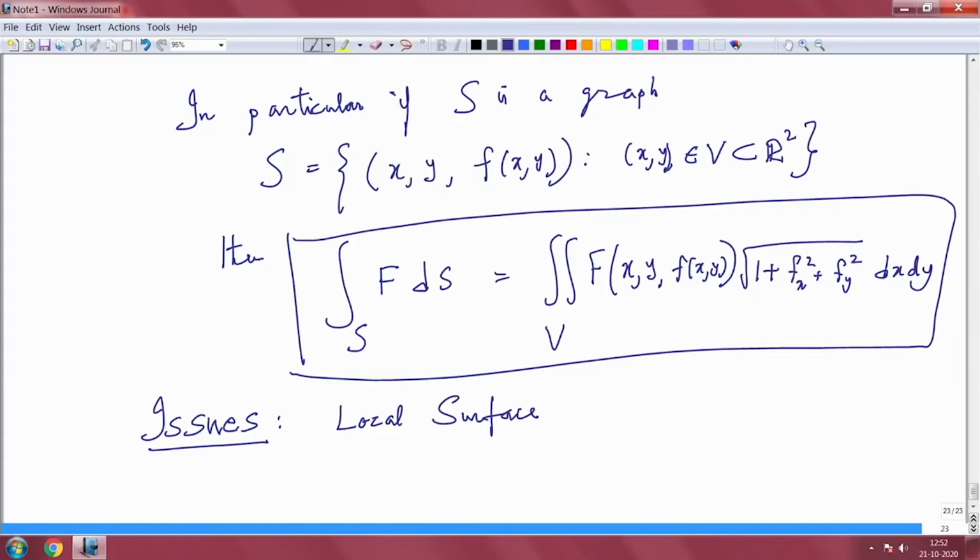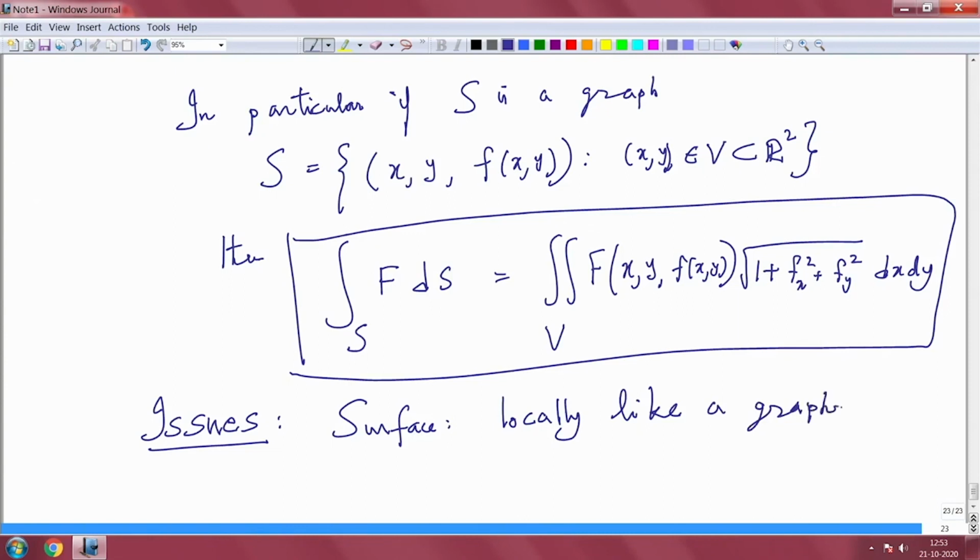Locally it will be like a graph. That is where the results are more difficult to prove. So, it will be like a local graph, and then you have to patch them together.